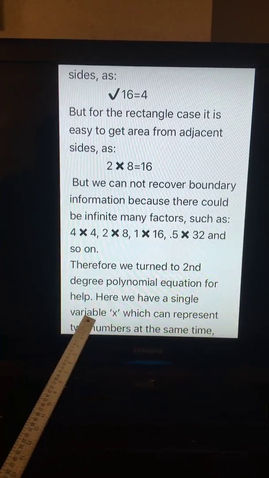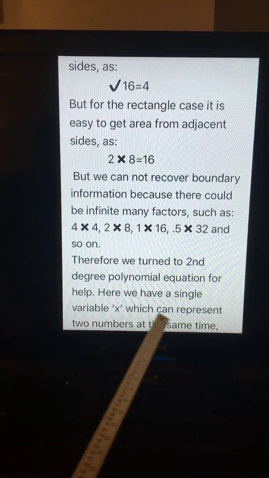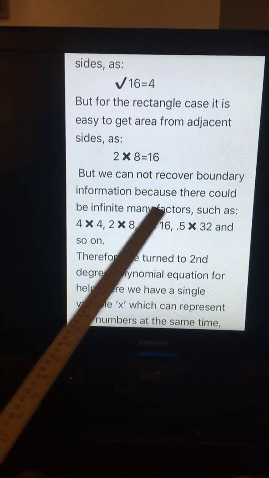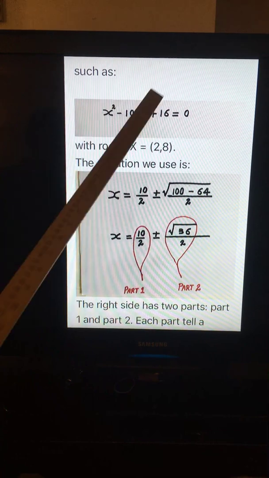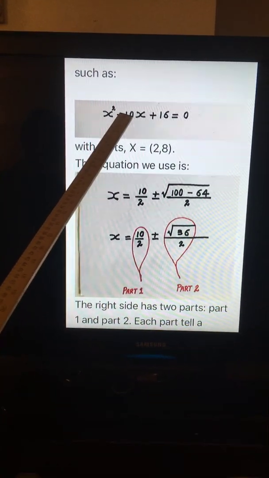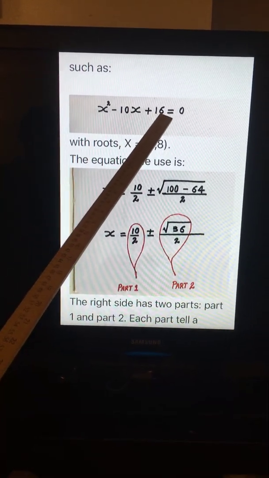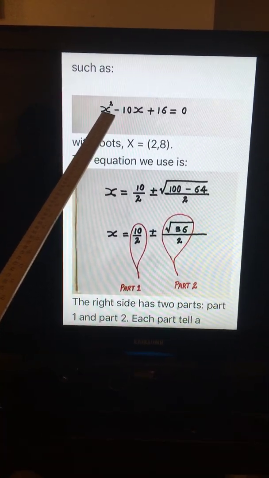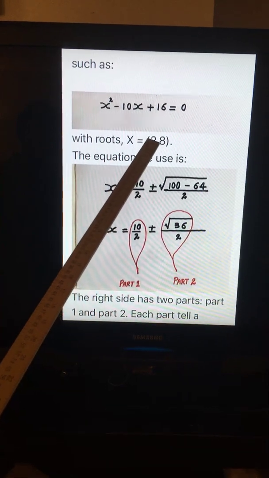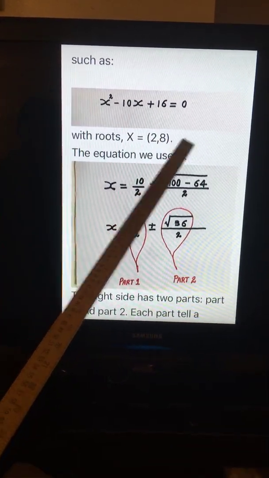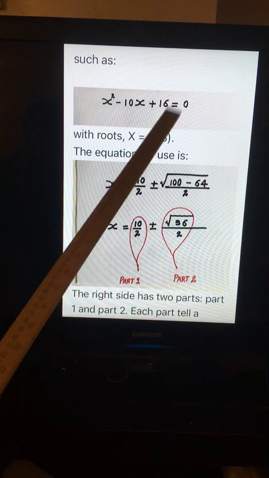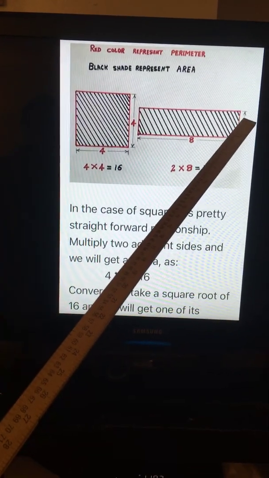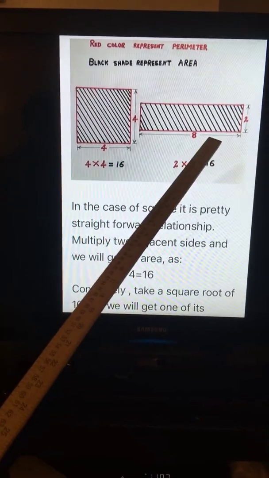Here we have a single variable x, which can represent two numbers at the same time, such as x square minus 10x plus 16 is equal to 0. So, this single variable x can give us two roots, 2 and 8, which are the two sides of the rectangle.